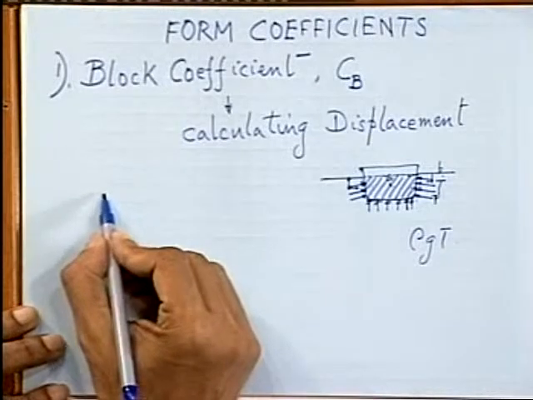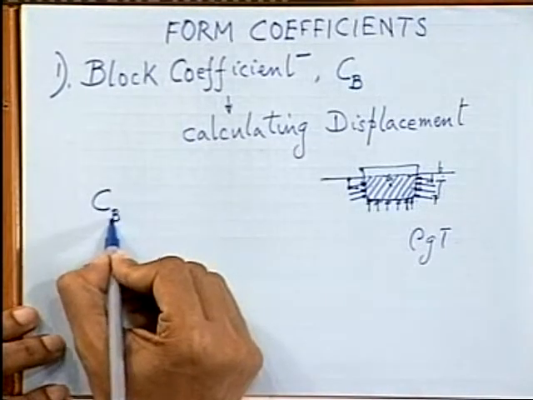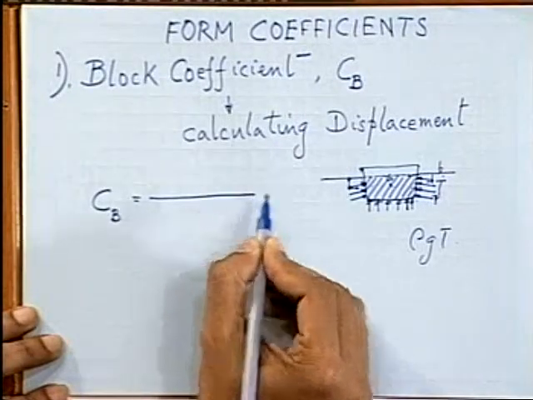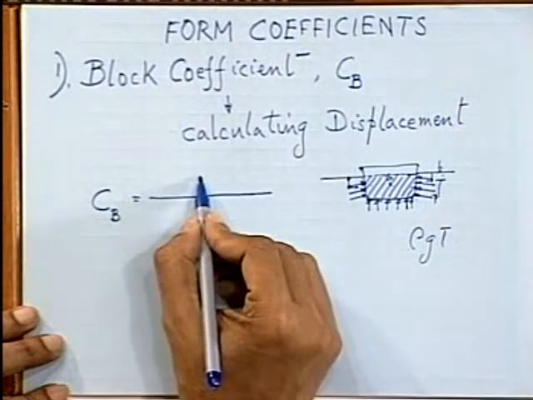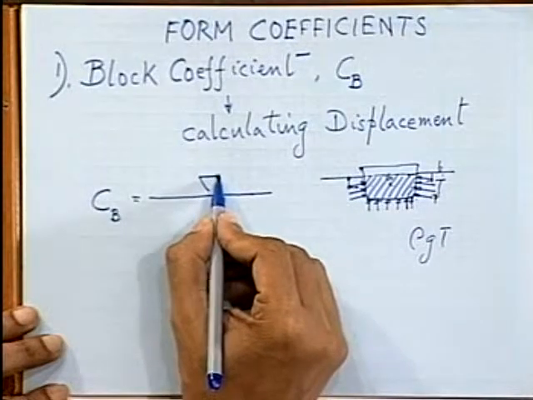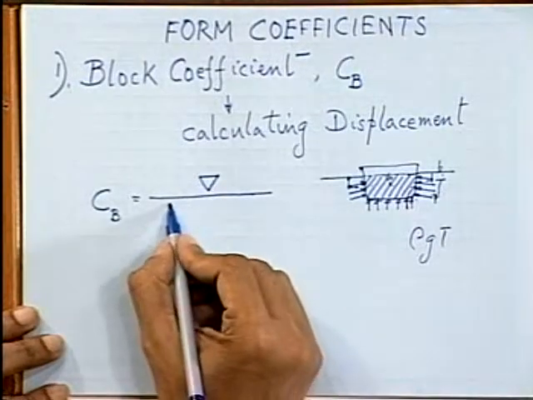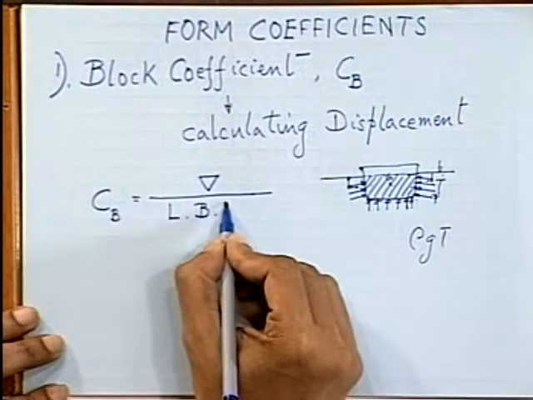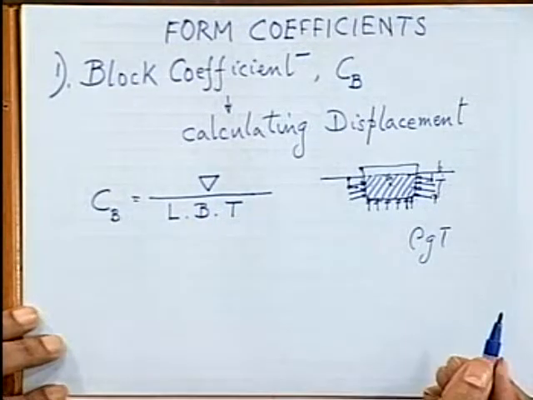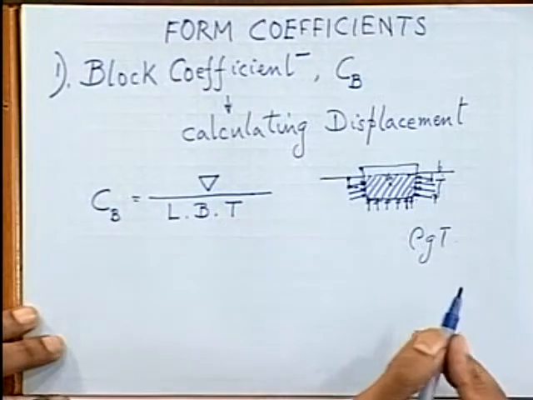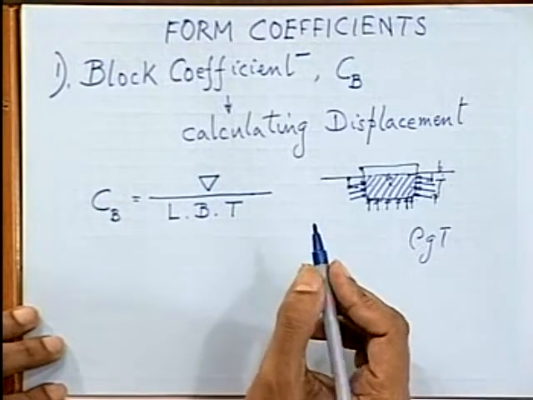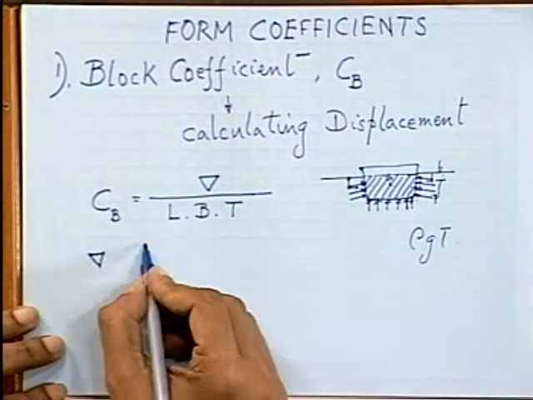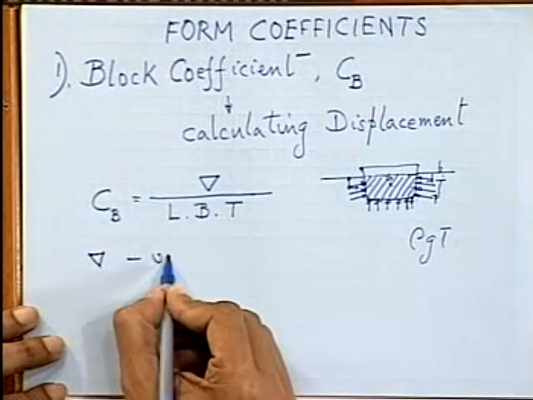Now this block coefficient is a ratio of the underwater volume that the ship has displaced, that is given by this inverted delta, or nabla sometimes it is called, to the product of the length, breadth, and the most important, the draft. So here delta you write is the volume of displacement.